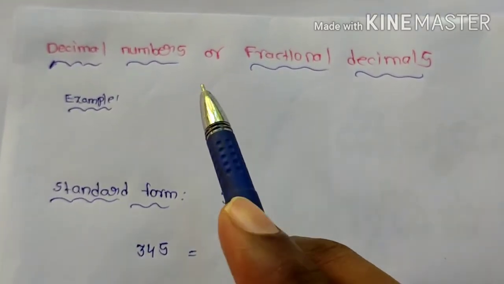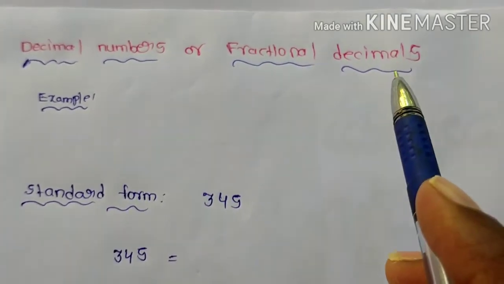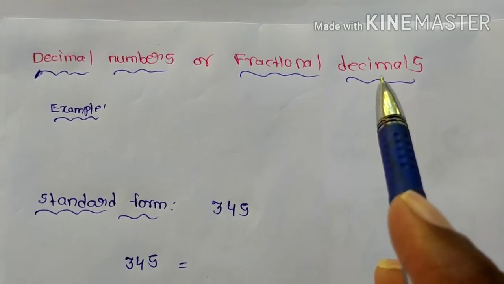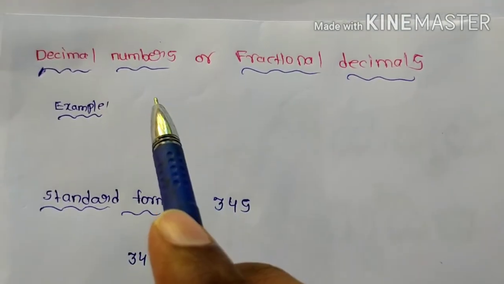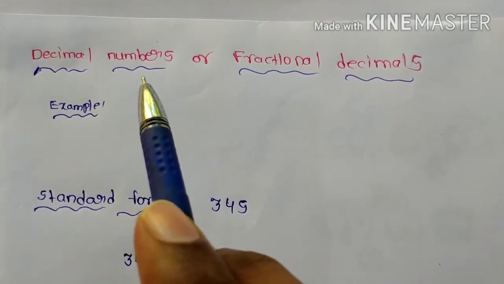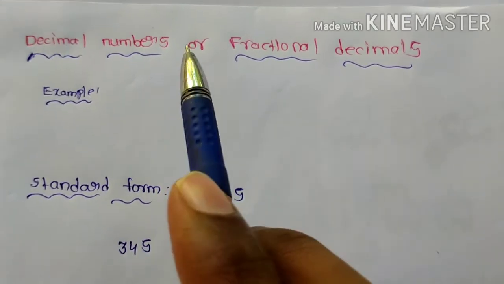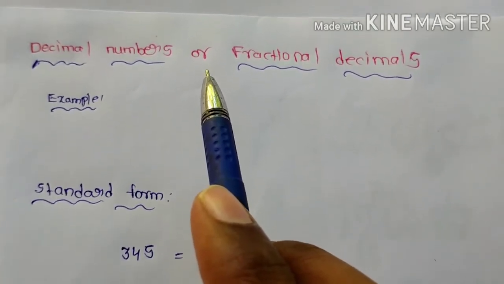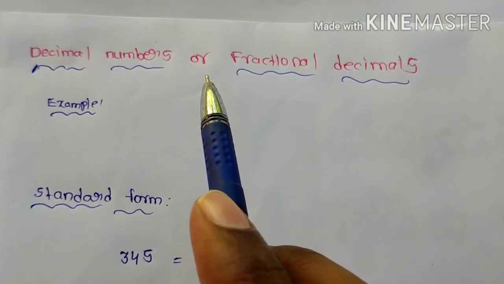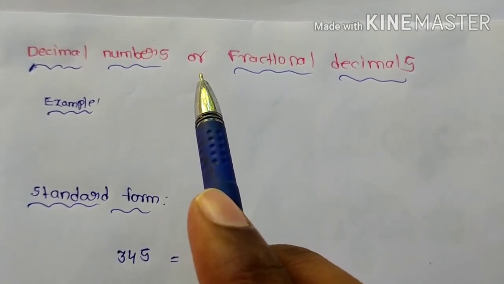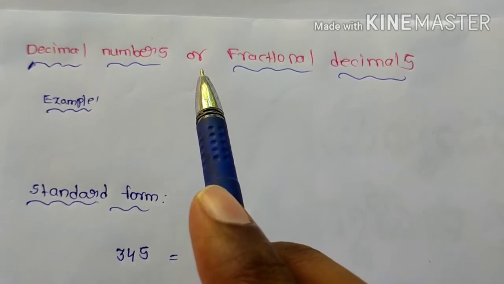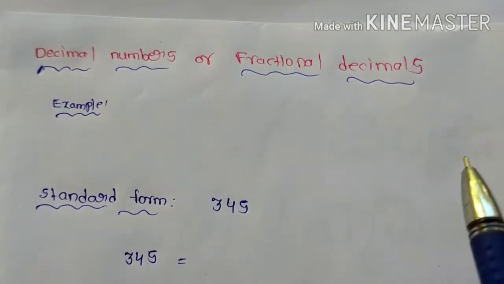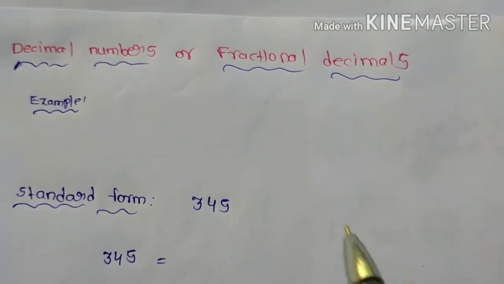Now you can see here decimal numbers are fractional decimals. Already you have studied what we mean by decimal numbers in the 6th class. Once again I am repeating here. The fraction whose denominator is in the form of tens, hundreds, thousands, that means powers of tens only.